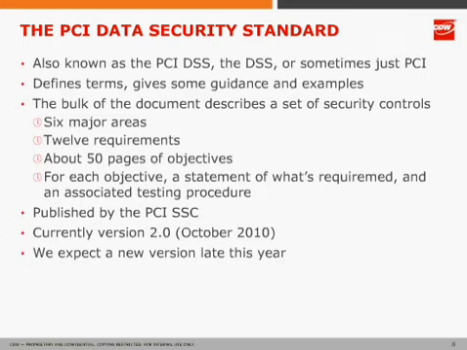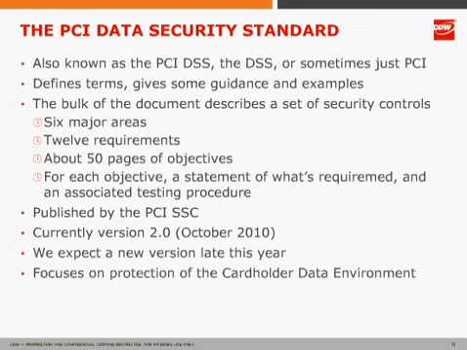And so what this document does, it specifies these different controls, but the most important and interesting thing about it is that it focuses on the protection of what's called the cardholder data environment. So when you look at other security standards, like say HIPAA if you're in healthcare, or FISMA if you're dealing with federal government information, they are very broad in terms of what they cover. They talk about maybe the whole organization.